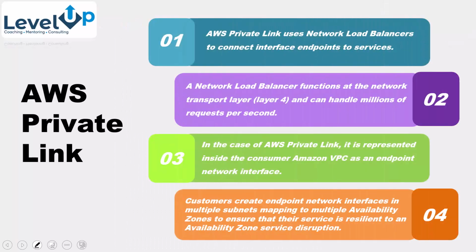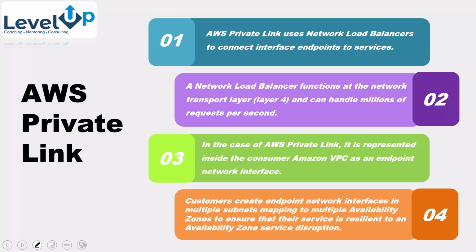Now let us understand what AWS PrivateLink is. AWS PrivateLink uses network load balancers to connect interface endpoints to the services. What does that mean? Let's say our EC2 instance is connecting with AWS S3. How is it connecting? By using AWS PrivateLink.